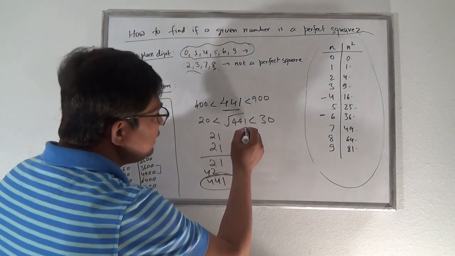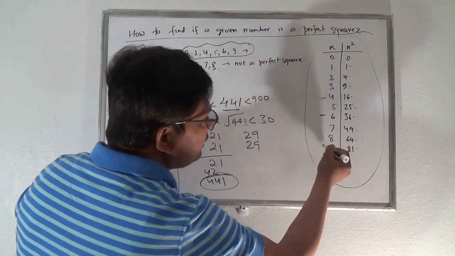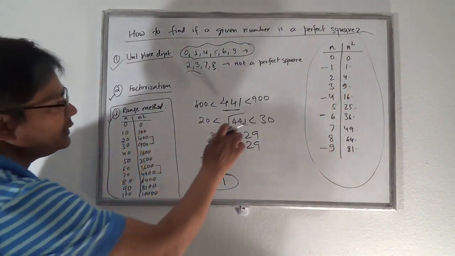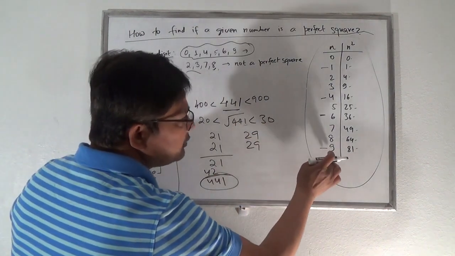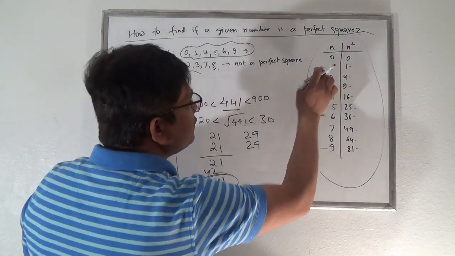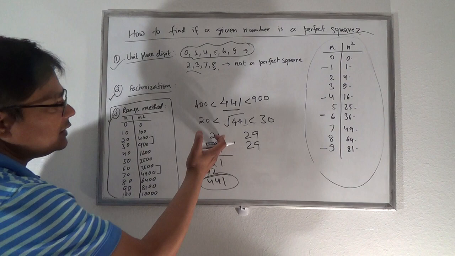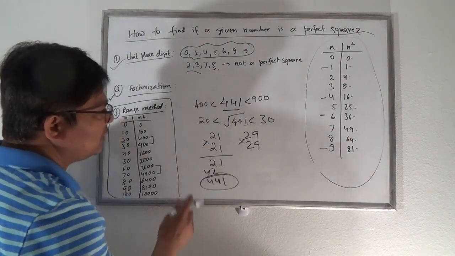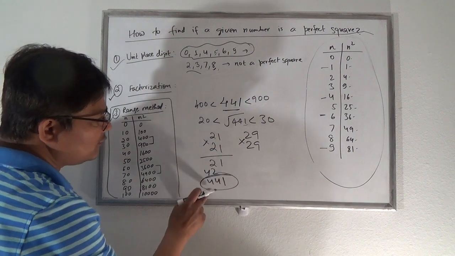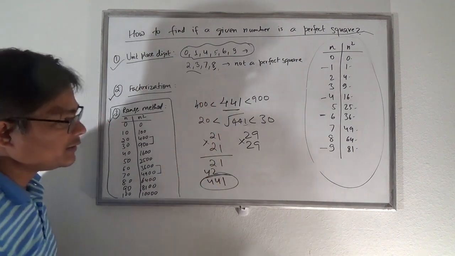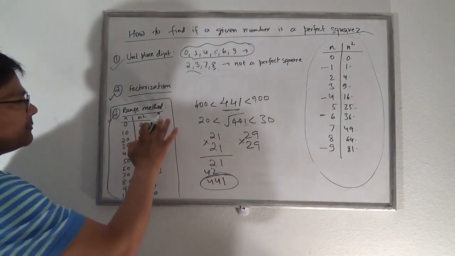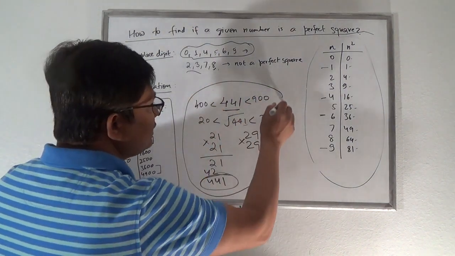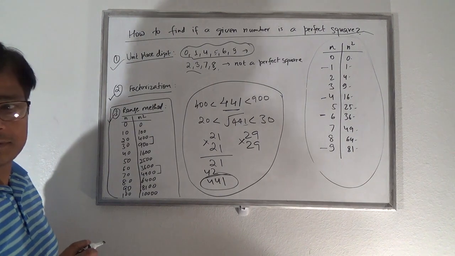Because 1 is at the unit place only if you have 29 or 21. So basically you have two numbers to check. You check 21 times 21, you get 441. Now you know it's a perfect square. So using this method, you can quickly find whether a given number is a perfect square or not.